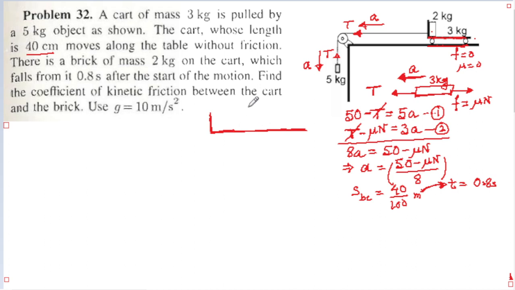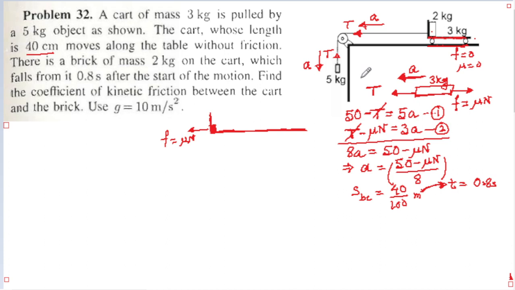As the brick is very tiny in size compared to the length of the cart, this is our brick, and as the friction appears here, this is our friction F equal to mu n, which acts in the rightward direction, because for the cart surface the friction is opposite to the tension force, because tension is the driving force.